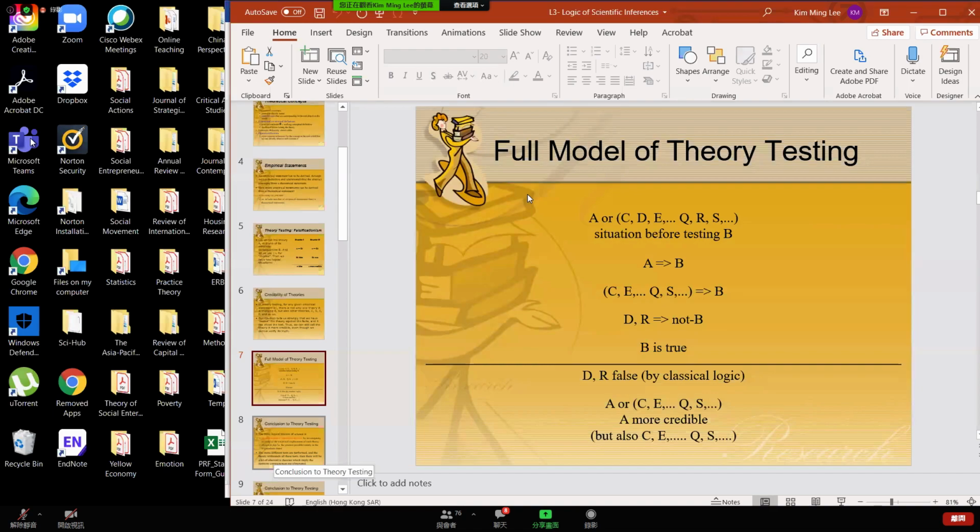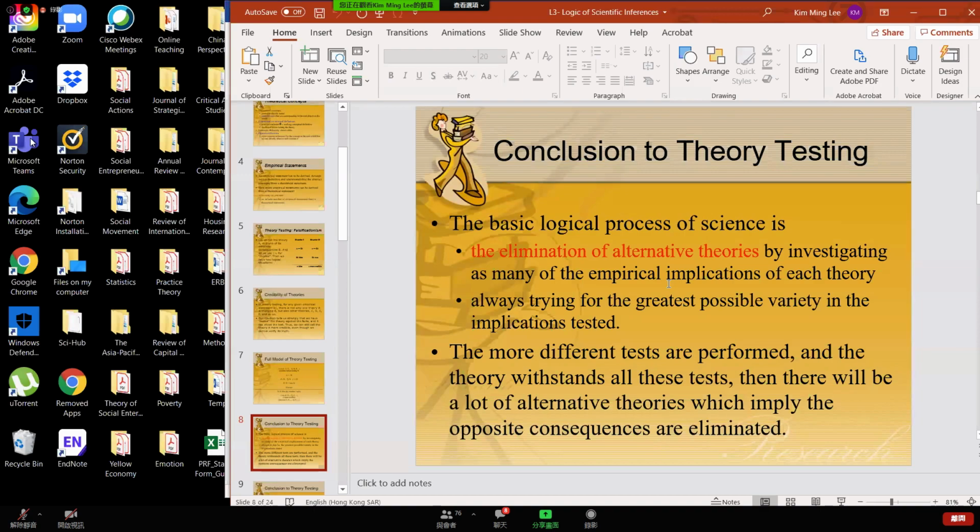So the conclusion of theory testing is that the basic logical process of science is the elimination of alternative theories by investigating as many of the empirical implications of each theory as possible. Okay, that means we need to derive many empirical statements and try to show that those empirical statements are true, so as to make our theory more and more credible.